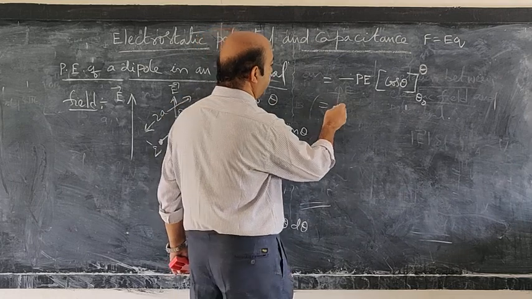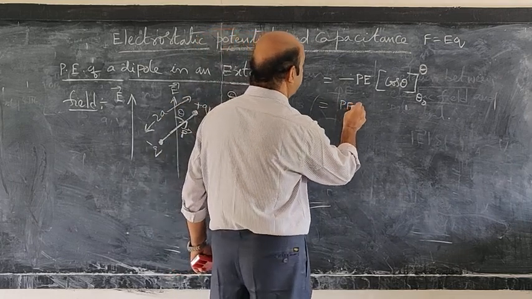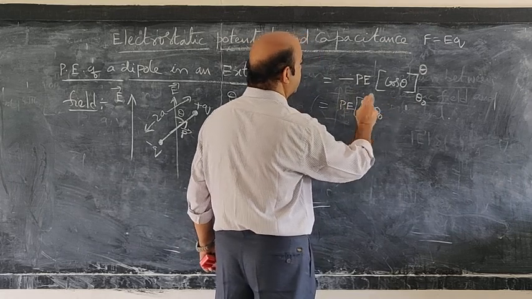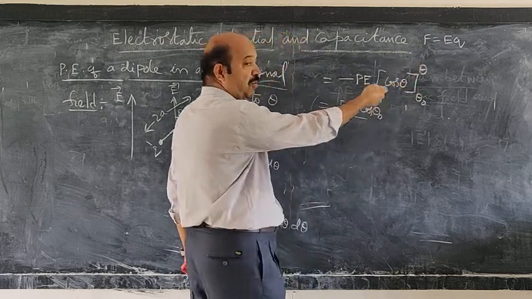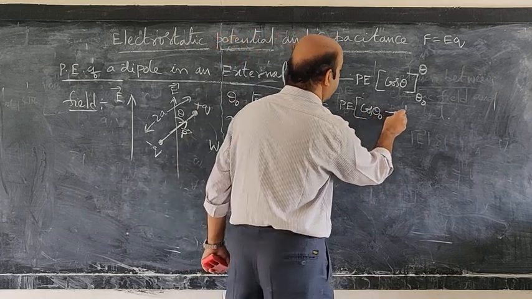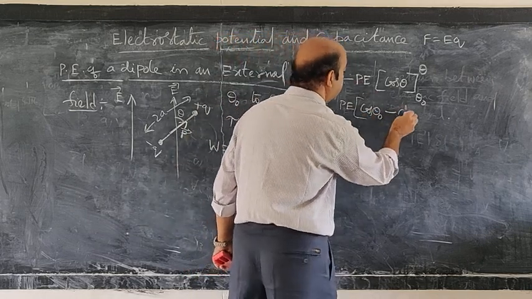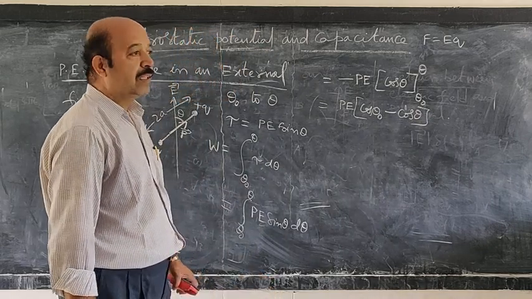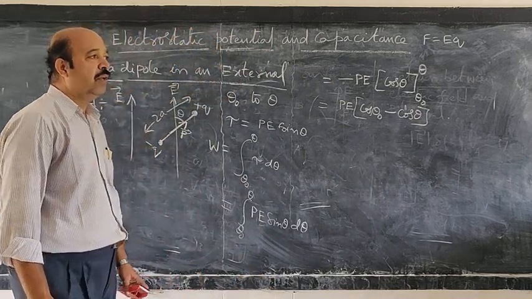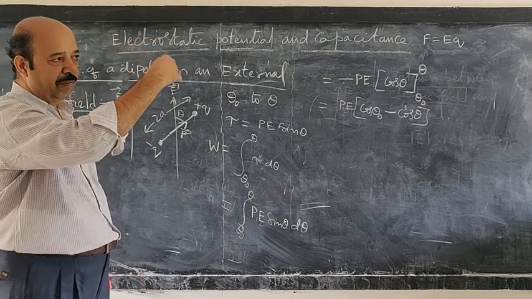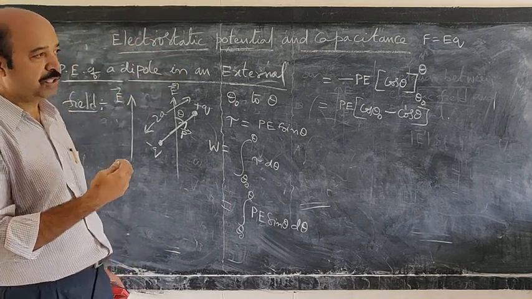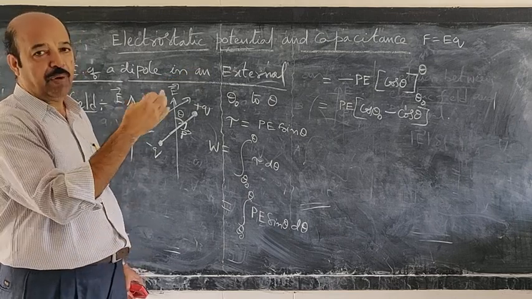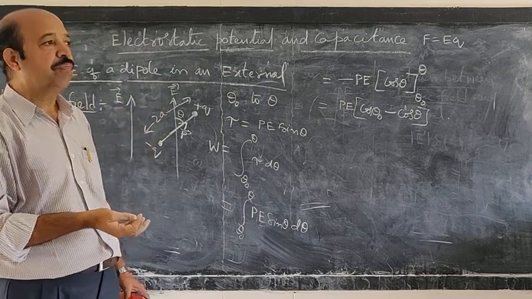So this can be written as PE into cos theta naught minus cos theta, because you substitute the upper limit first, then the lower limit, and there is a minus sign here. Now for the initial position, whenever we calculate potential energy or potential, we consider the charge to be at a point where the potential is 0.